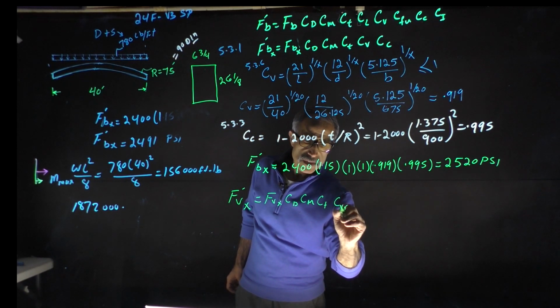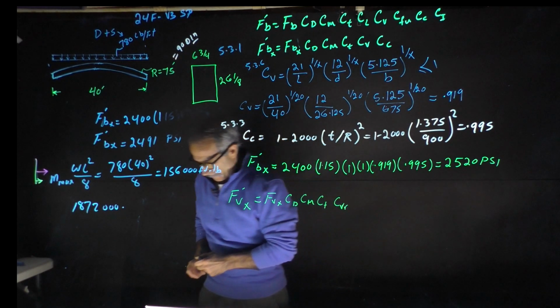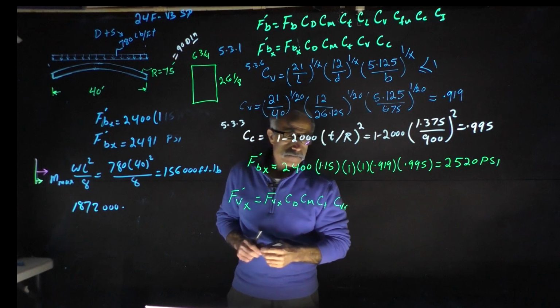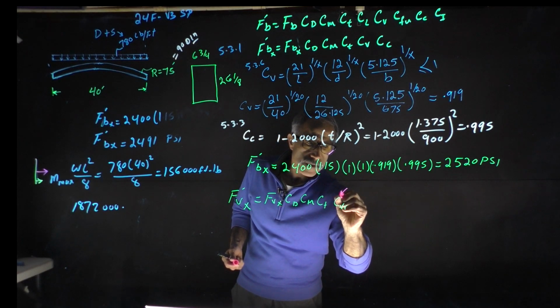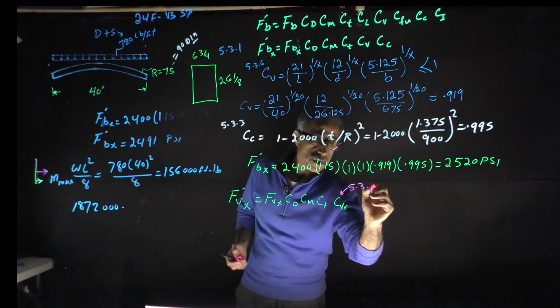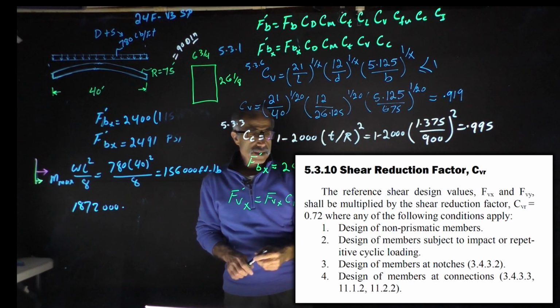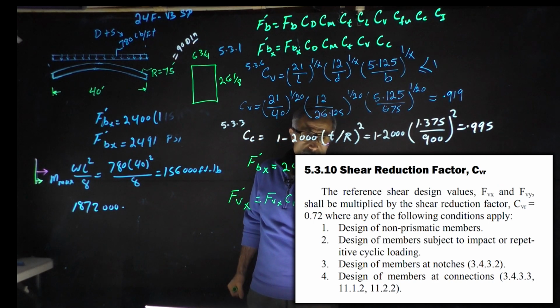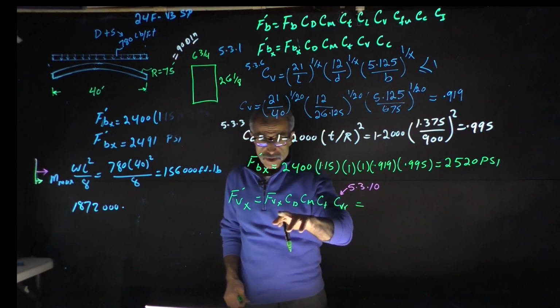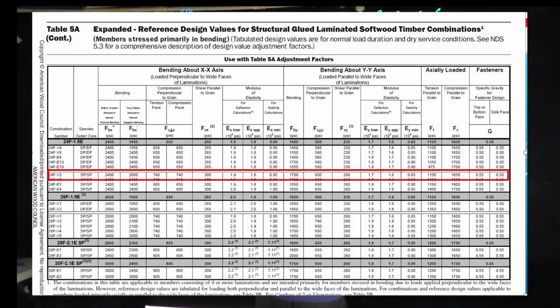To find CVR, we can look at section 5.3.10, okay, and based on the same table, F of VX comes out to 300 psi.